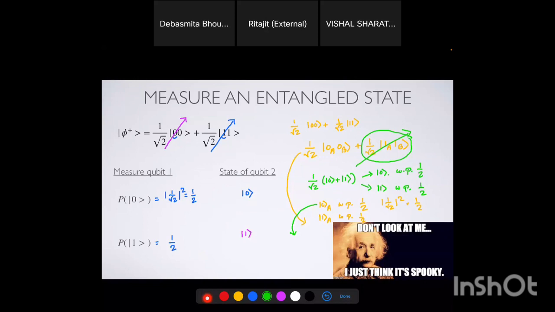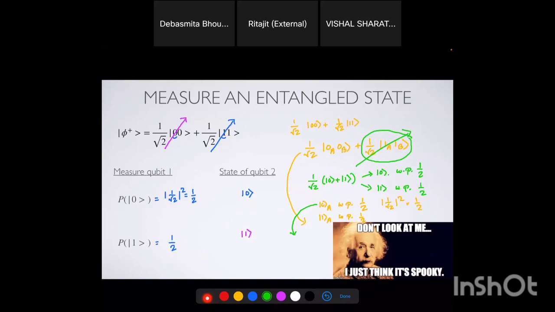But this is a property of entanglement: the system has collapsed, taking the other system also with it. That is why it is entangled. And that uneasiness is what entanglement is all about. The maths works out, but it doesn't seem right.